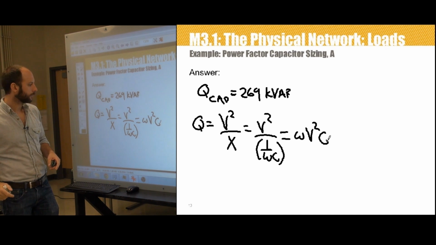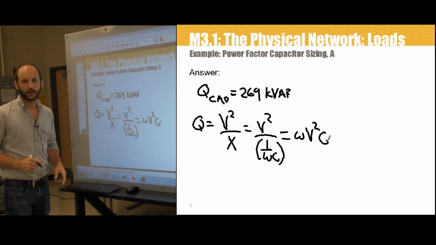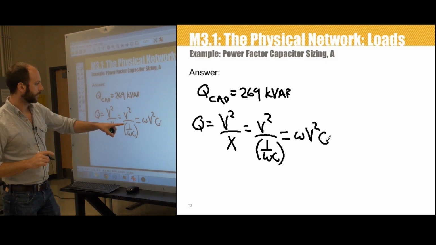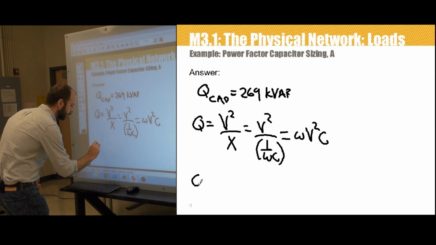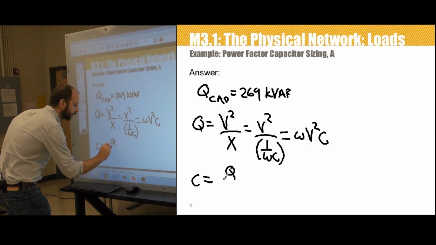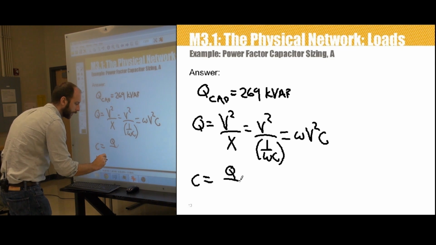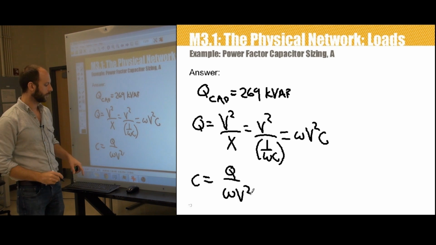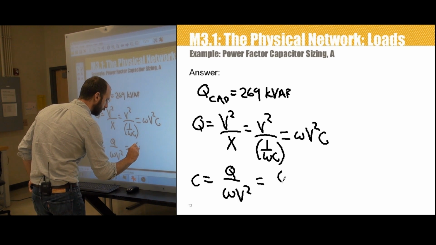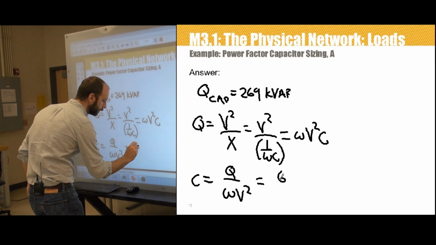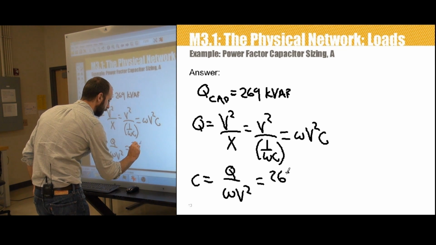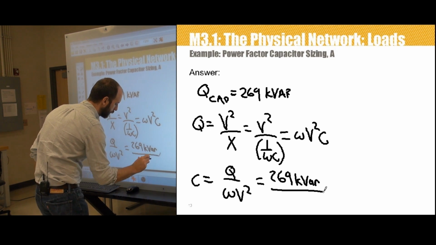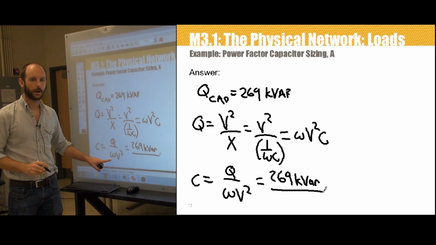So what we can then say is that we could solve this for C, which is Q, divide both sides by omega V squared. So we get that 269 kilovar, and I need to divide by the angular frequency of the power system.